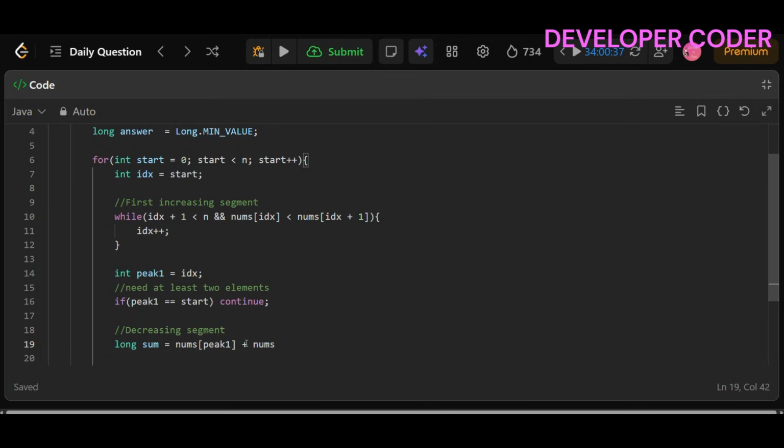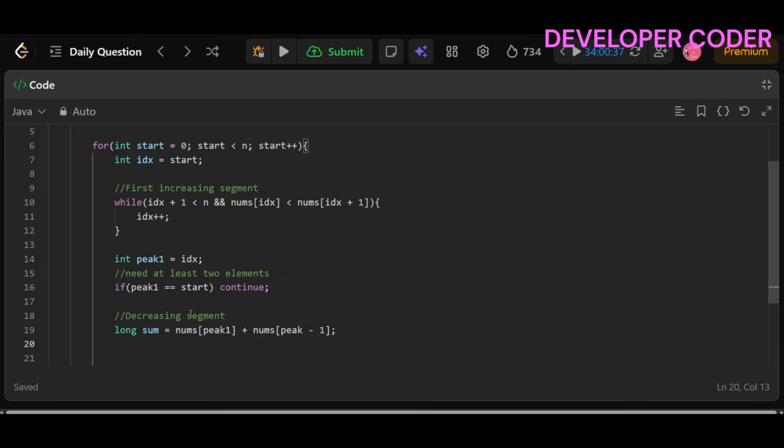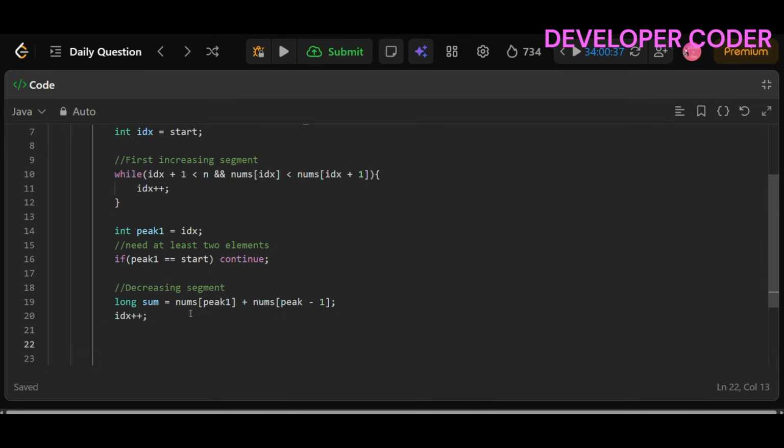Plus nums of peak minus 1 I'm taking. Done. So sum I have taken here. Now next, let's move your idx value to this point for the decreasing slope. So here I will do idx plus plus. Done this part.